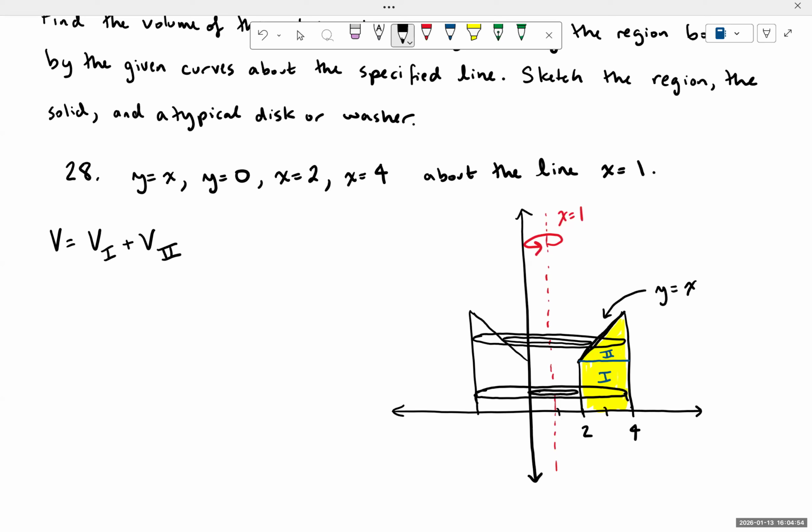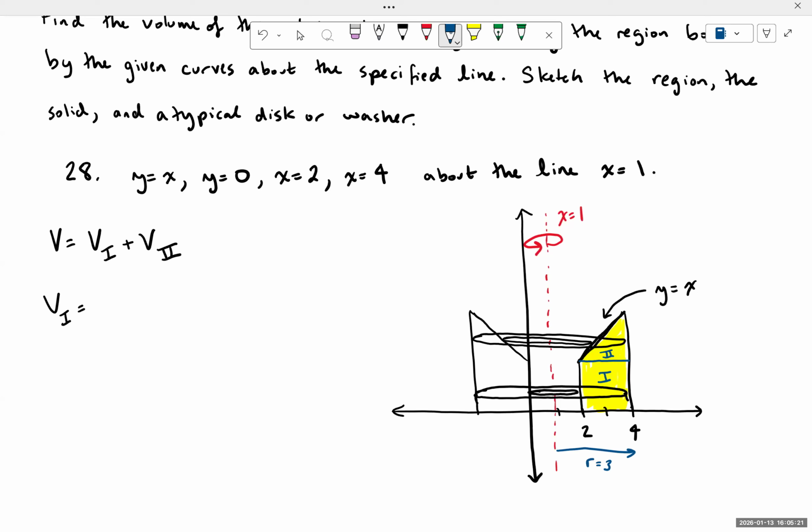Now, if I think about it, what's volume 1? As I said, it's just lines, so these are just going to be cylinders. So we can do volume 1 two ways. If I look at this, this is going to be a radius. This is just a radius of 3 all the way from the line x equals 1 to x equals 4.